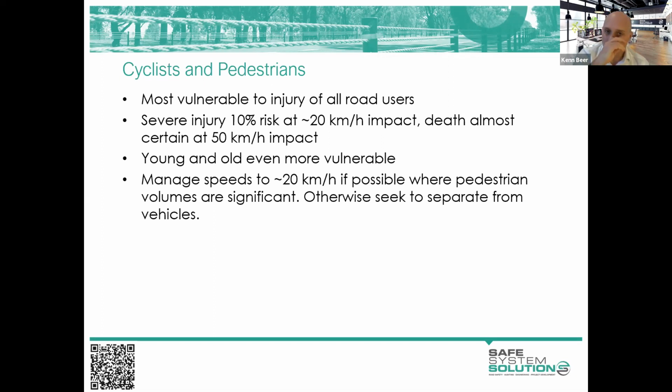Obviously, young and old are even more vulnerable to physical force, and also vulnerable to more mistake making or just lack of cognitive ability and the like. And so we really want to try to manage speeds down where we have that pedestrian cyclist presence around the 20, 30 kilometre per hour mark, or look to start to make physical separation happen.